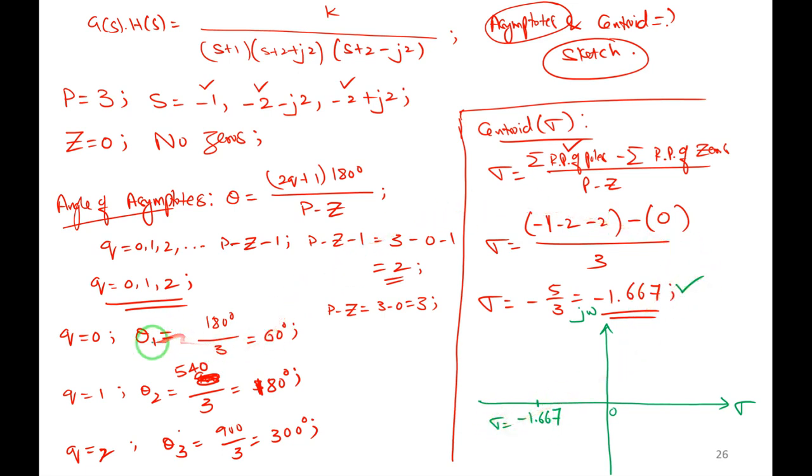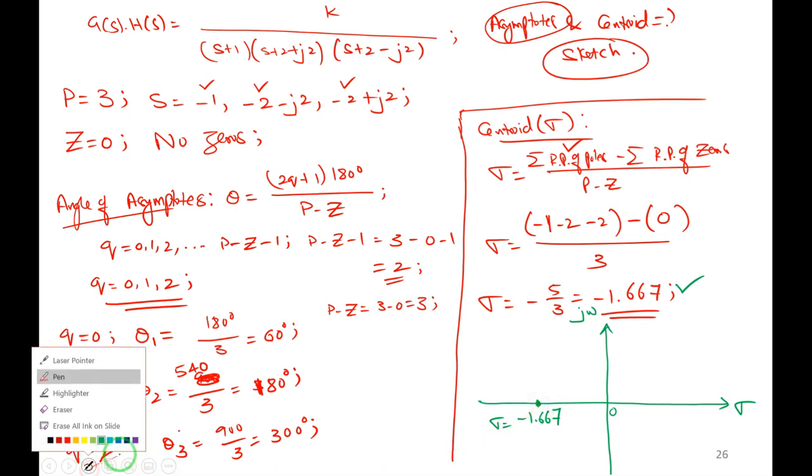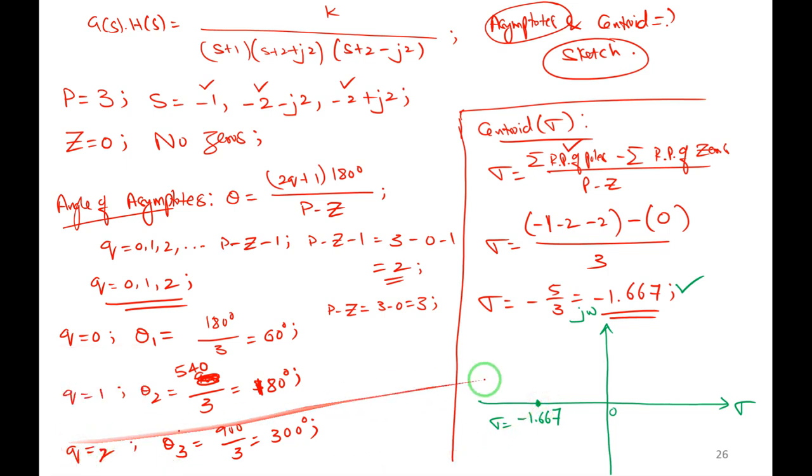Next, angle of asymptotes. Theta 1 is 60 degree. From this location of centroid, I have to draw the angle 60 degree. Let me change the ink color. Take the protractor and measure, or roughly you can draw. So this is theta 1 equal to 60 degree, from here to here.